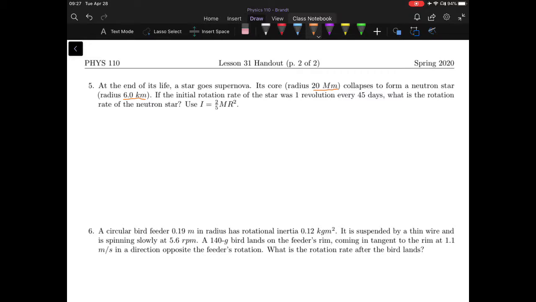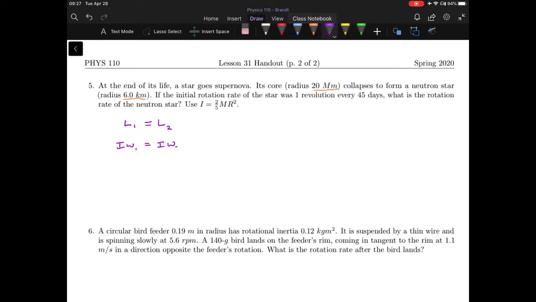So this is going to be a conservation of angular momentum. We're going to have the angular momentum before equal the angular momentum afterwards. So angular momentum before is I omega, which has to equal I omega afterwards.